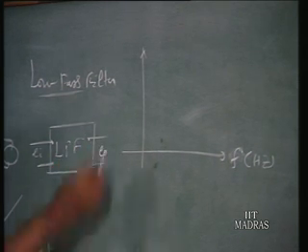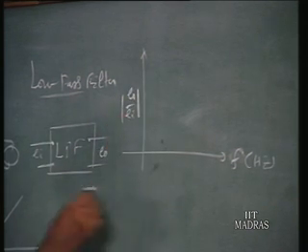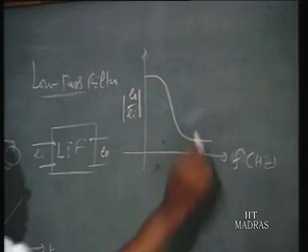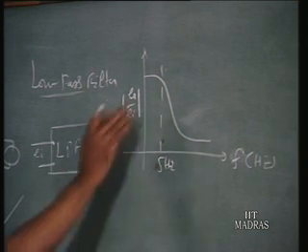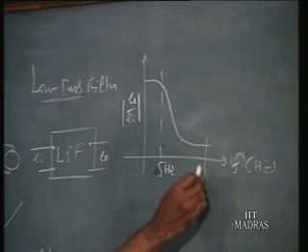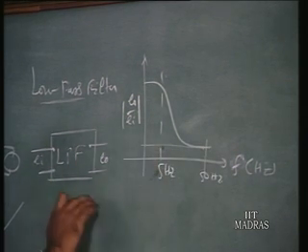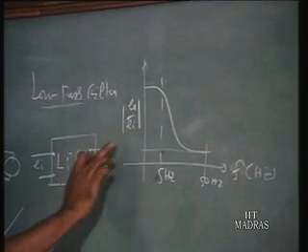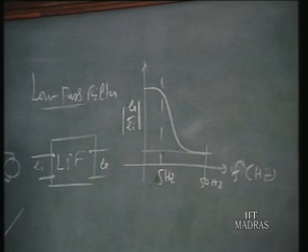Then the EO by EI ratio will have the following characteristic. This may be say 5 hertz. Any signal more than 5 hertz will be filtered, that magnitude will be very small. So 50 hertz somewhere here, that is a very small ratio only will be allowed to go through. So a low pass filter will allow only low frequency signals. More than 5 or 6 hertz, it will completely eliminate.